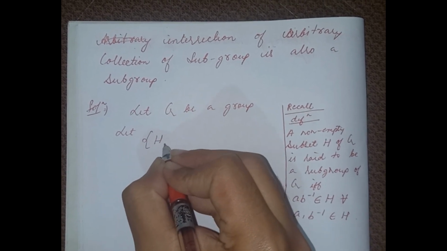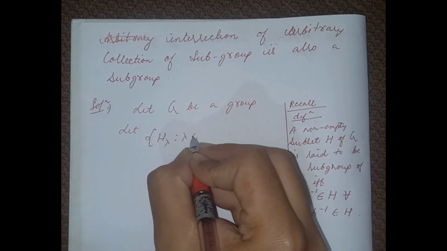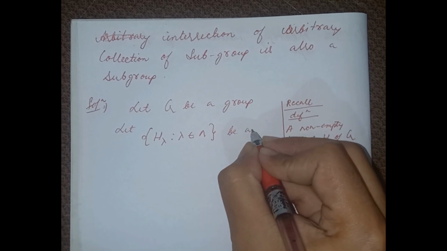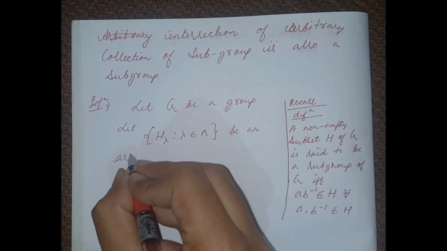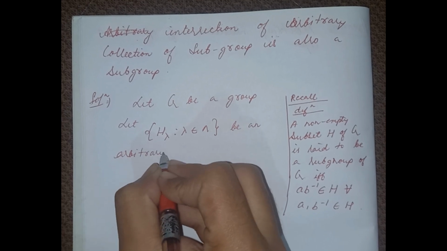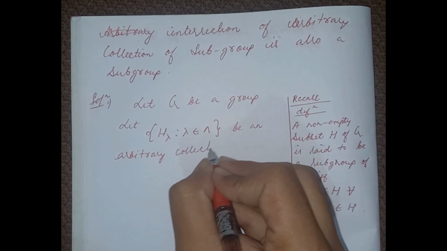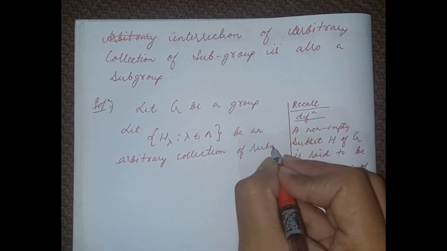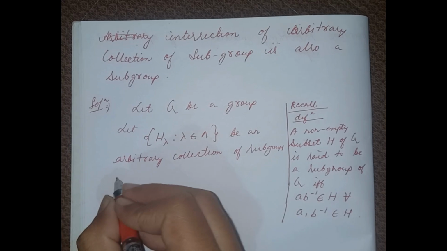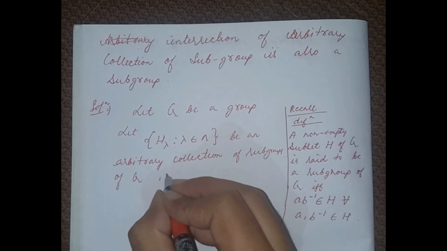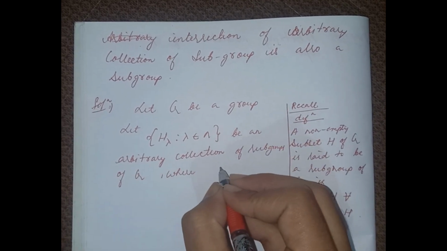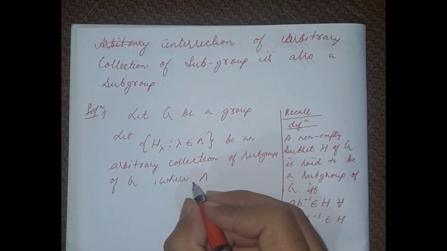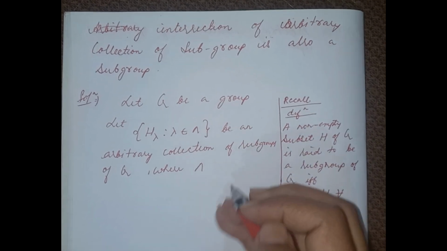We'll take it as H lambda, where lambda comes from an index set, where this sign represents the index set.